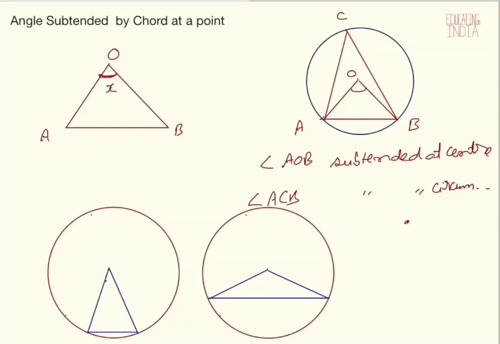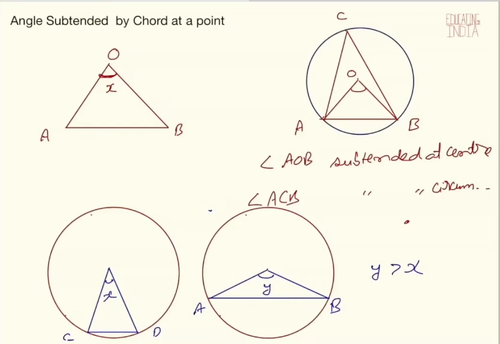By visual perception we can see that this is angle x, this is angle y, so y is greater than x. So it shows that if the length of the chord is more, then the angle subtended by the chord at any point is greater. If the length of the chord is small, the angle subtended is also small.